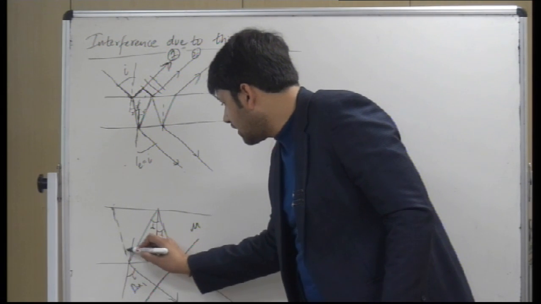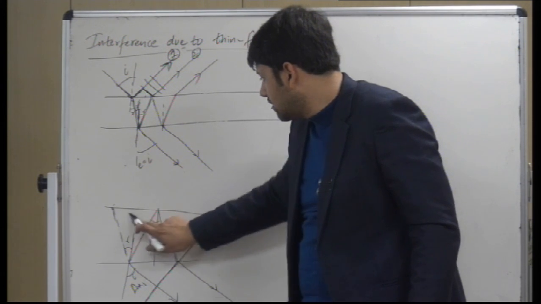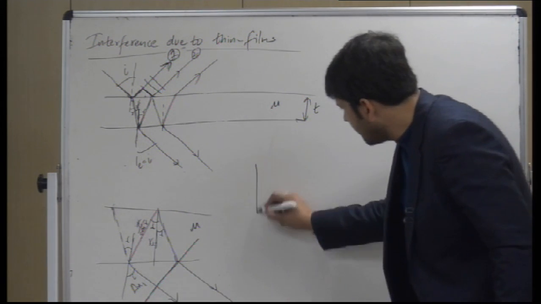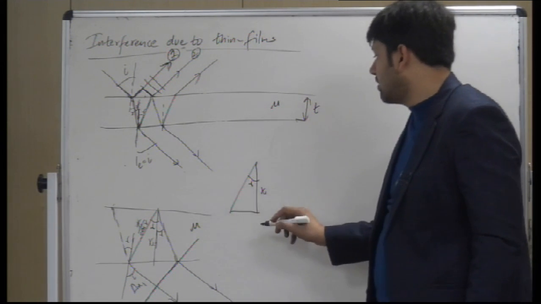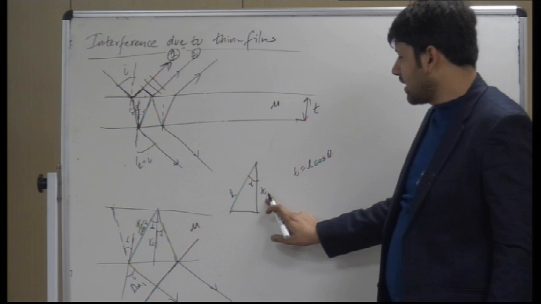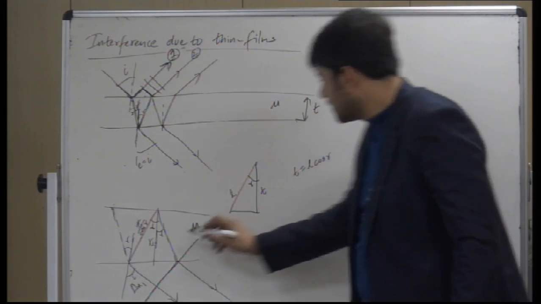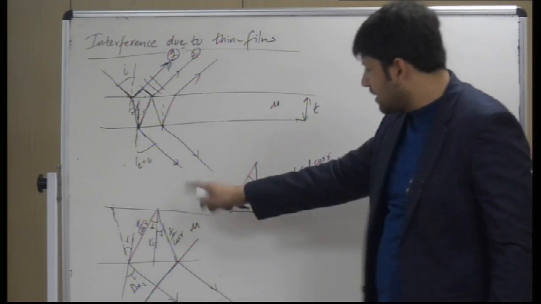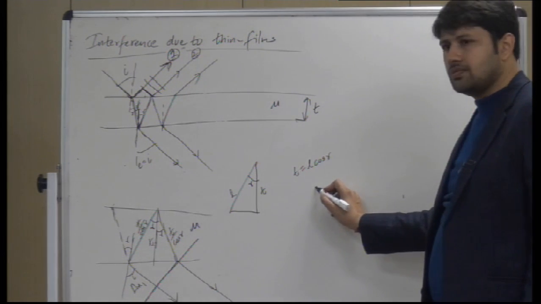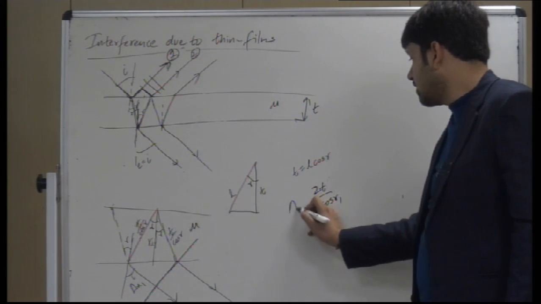This angle is I, this angle is R. Can I write this distance as T by cos R? In this triangle, this is R, this is T. Let's call the slant side L. T is actually the base, so T is L cos R. I can write L as T by cos R, and this again is T by cos R. So in these two triangles, the total distance traveled is 2T by cos R. This is delta x1.